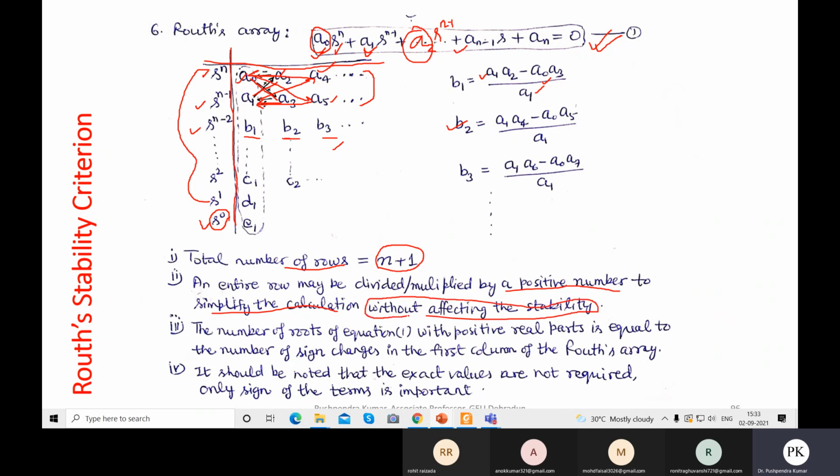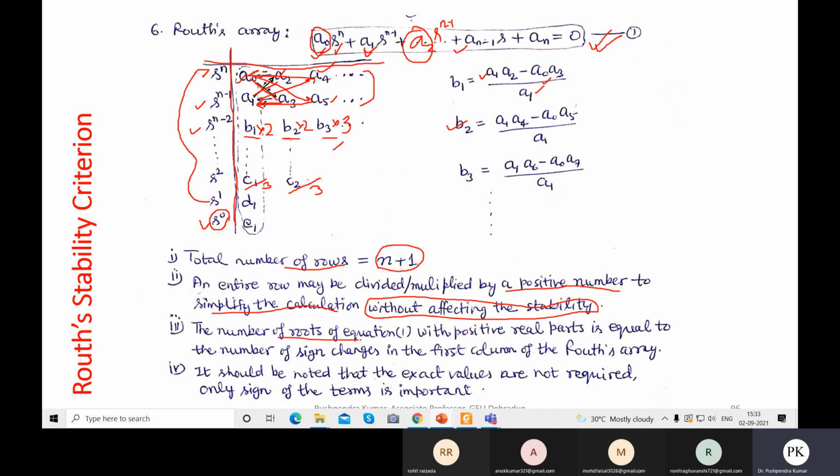For example, you divide the whole row by 3, or multiply the whole row by some constant, say 2, and it will not change the final result. So you can do that to make the calculation simple.